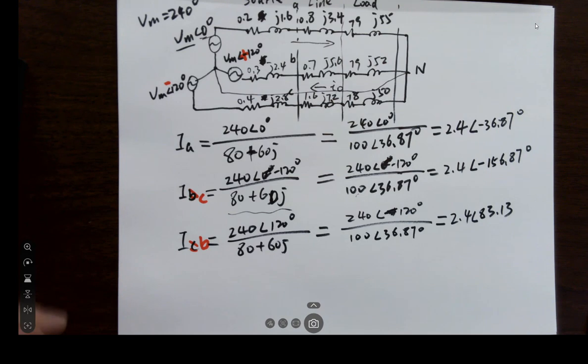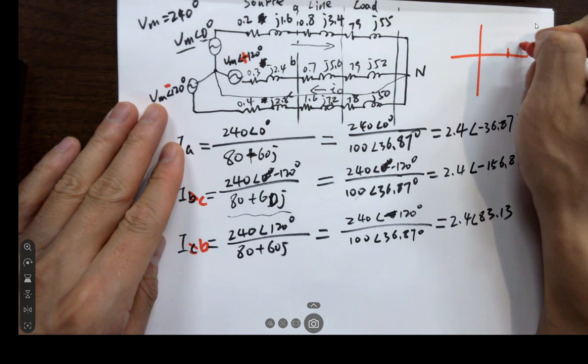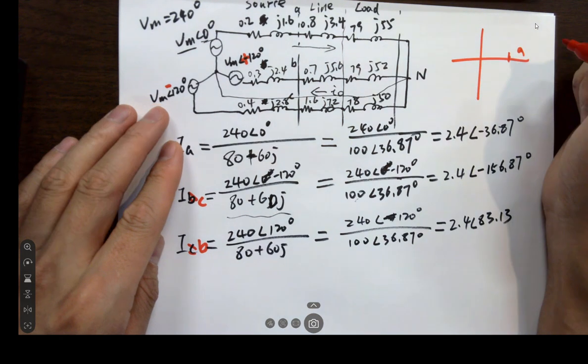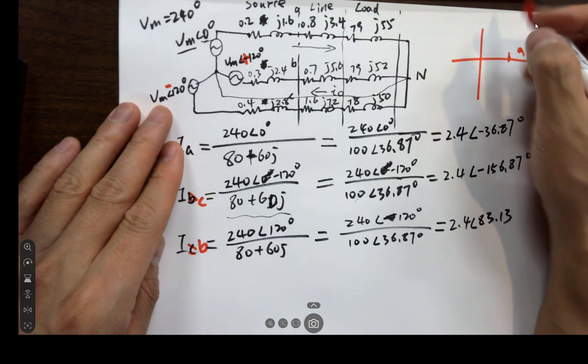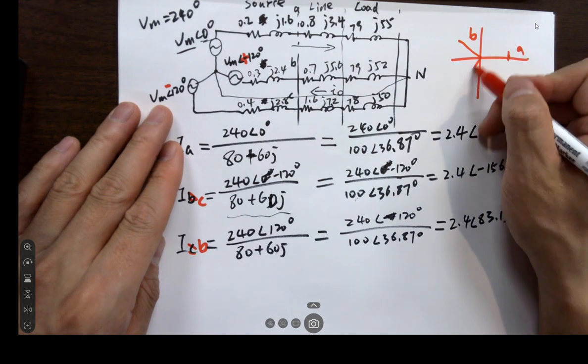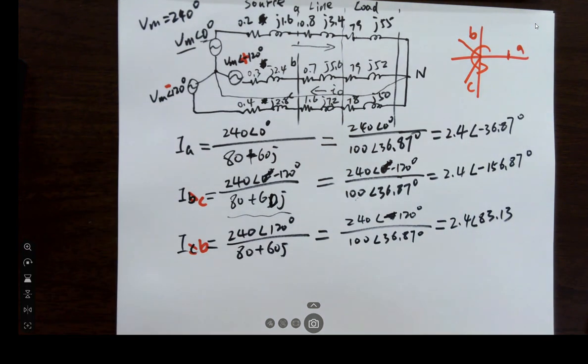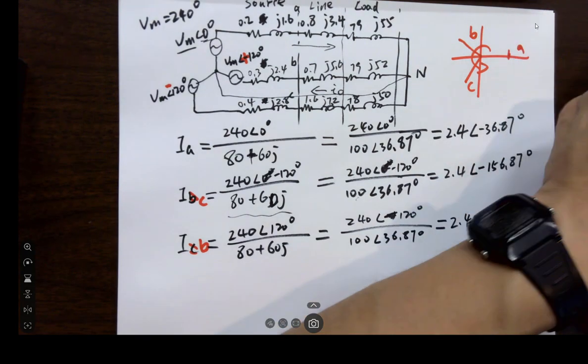Okay. So A is 0 degrees, is here. This is A. And B is plus 120 degrees, is B. And C is negative 120 degrees, so it's ABC. Right? It's counterclockwise. It's positive sequence or negative sequence, like we said last time.